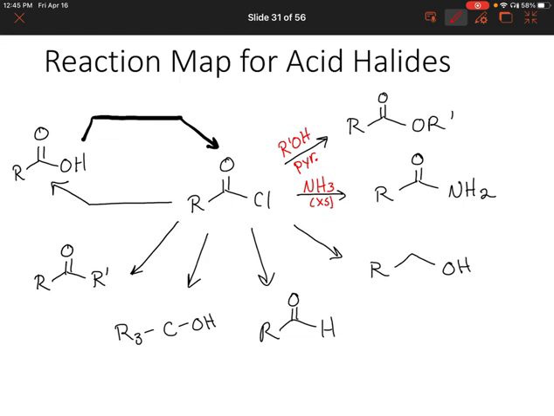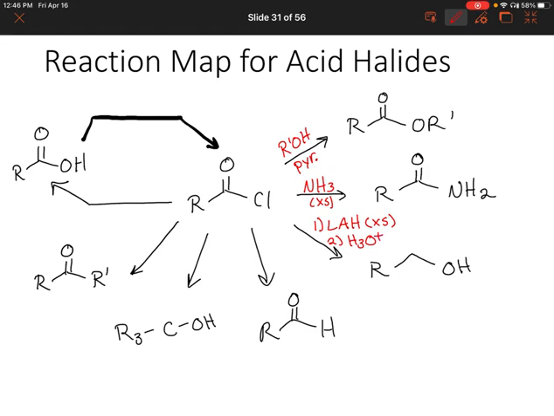And we don't need pyridine for that reaction because ammonia is a good enough base that it will remove HCl on its own. If we want to produce a primary alcohol, we're going to use a strong reducing agent like lithium aluminum hydride in excess, followed by an acid or water to protonate the oxygen.